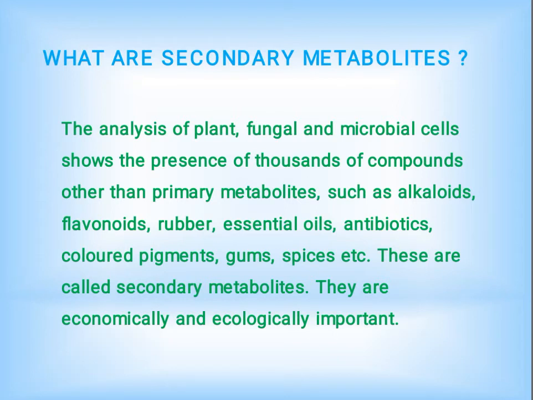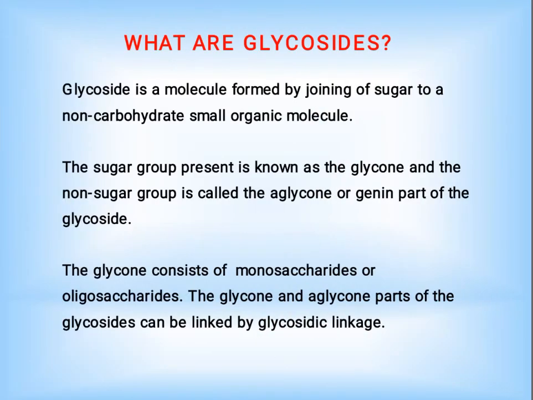These secondary metabolites are economically and ecologically important. So the chemicals present in the plant other than primary metabolites are called secondary metabolites. And today we will see glycosides as secondary metabolites.